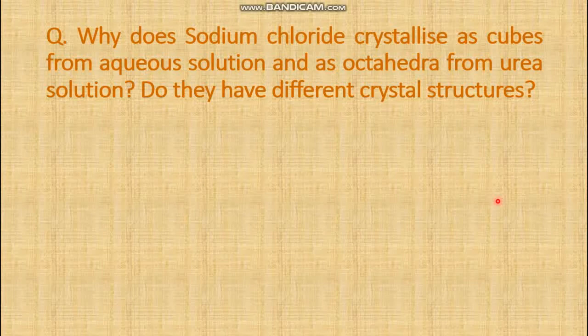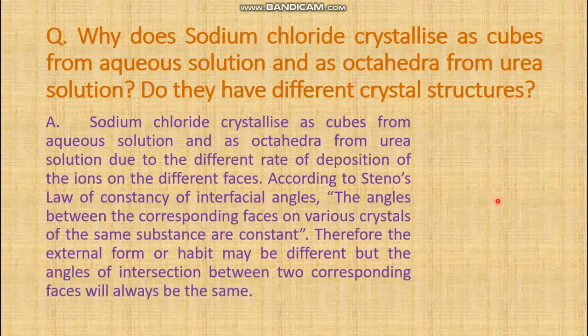Okay, so let us find out the answer. The answer should be written like this: sodium chloride crystallizes as cubes from aqueous solution and as octahedra from urea solution due to different rates of deposition of the ions, the Na+ ion and Cl- ion, on the different faces.